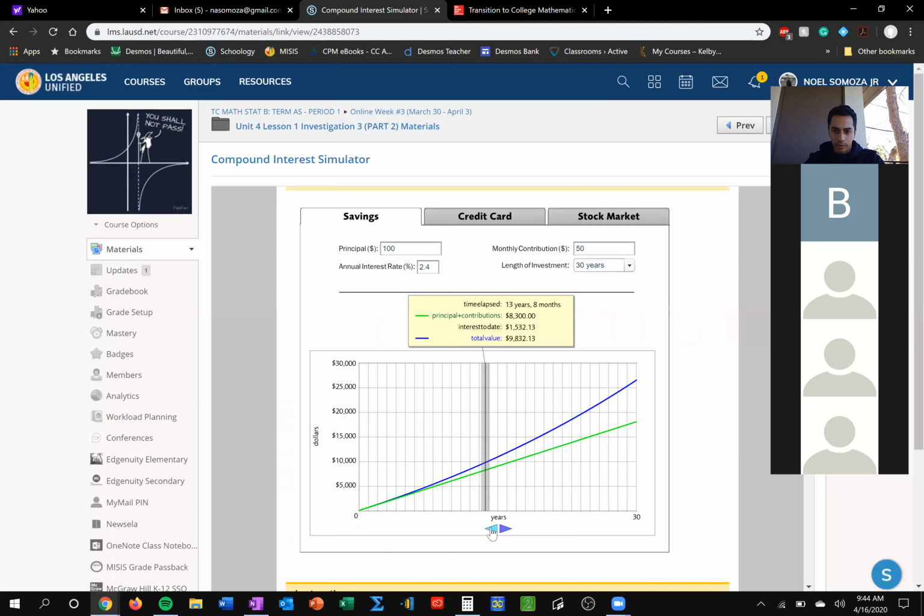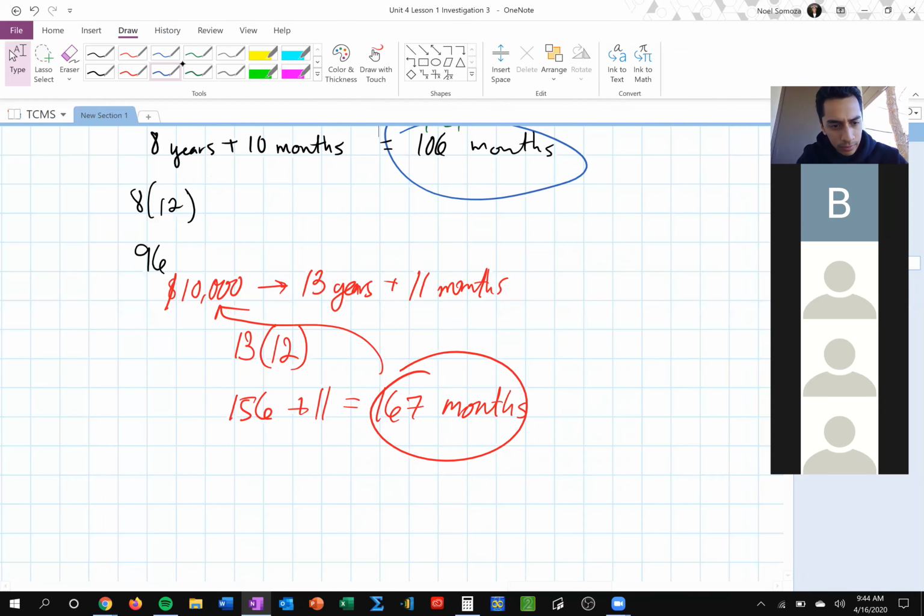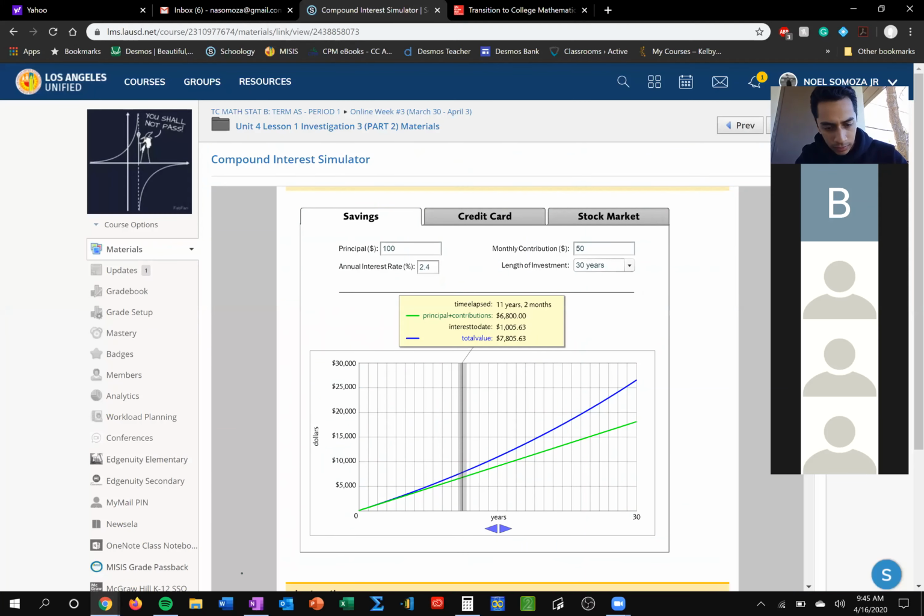All right, so let's keep going back. So right here we're at 990, and then the next month, that jumps to just over 1,000. Okay, so that tells us 11 years and 2 months. So for part 2, $1,000 in interest will take 11 years and 2 months.